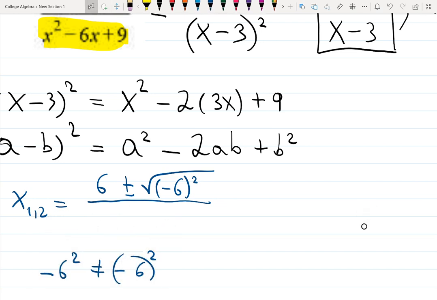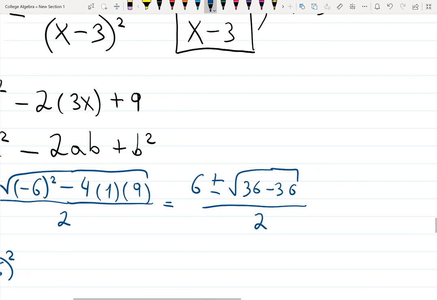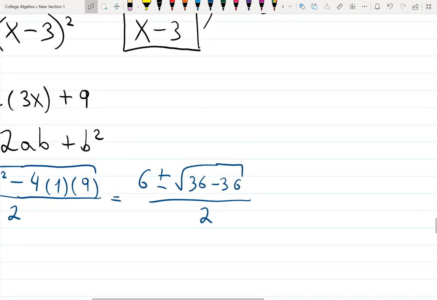Minus 6 squared minus 4, that's part of the formula, a, that's 1, and c, that's 9. All over 2a. a is 1. Very fast calculating, I will have 6 plus or minus the square root of 36 minus 4 times 9, which is 36. Oh, it is indeed 0. It makes sense because we don't have two different roots.